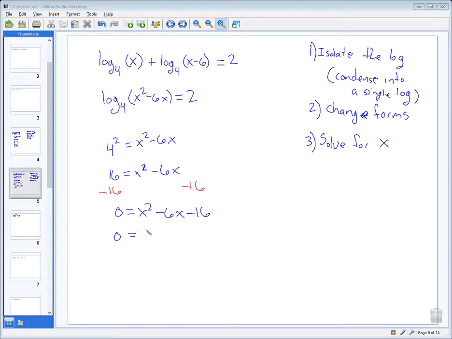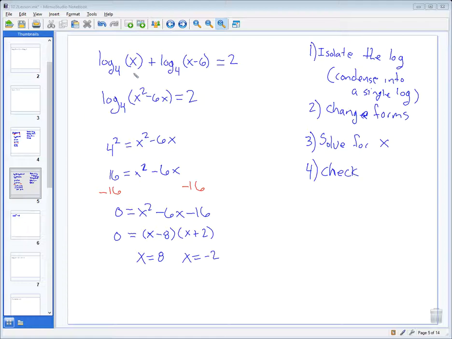So we need the multiples of what multiplies to negative 16 and adds to negative 6, and that would be a negative 8 and a positive 2. So we'd have x answers of 8 and negative 2. Which leads us to our fourth step, we need to check these answers to make sure that they do work.